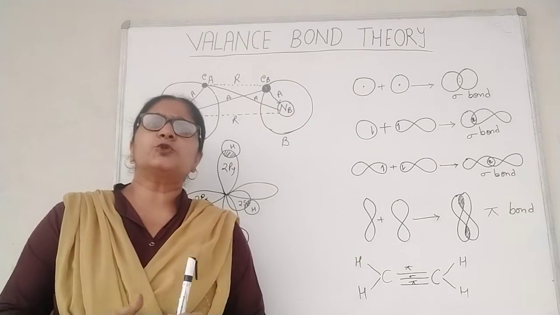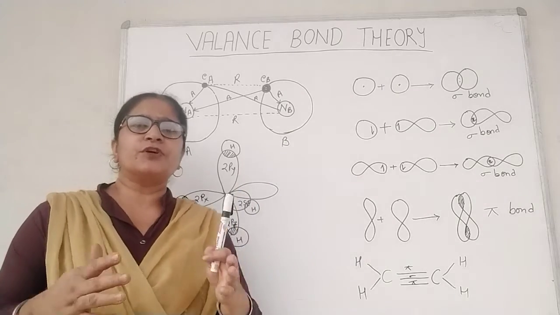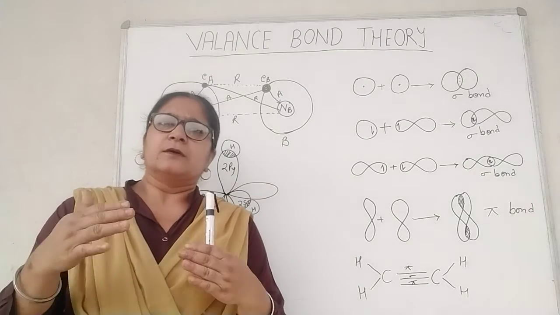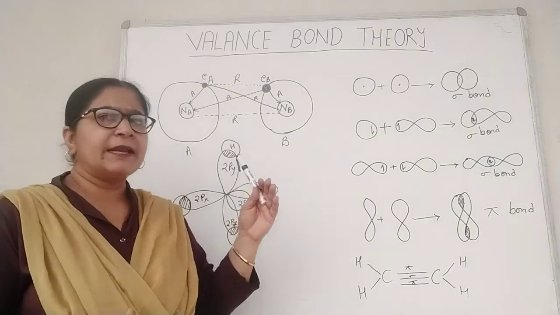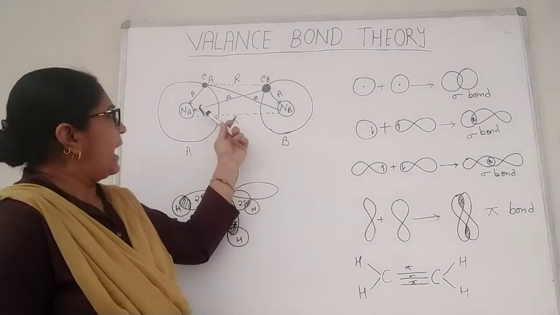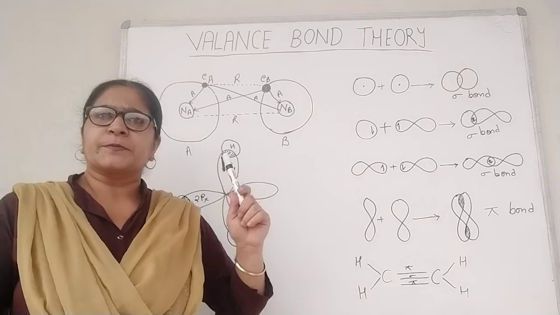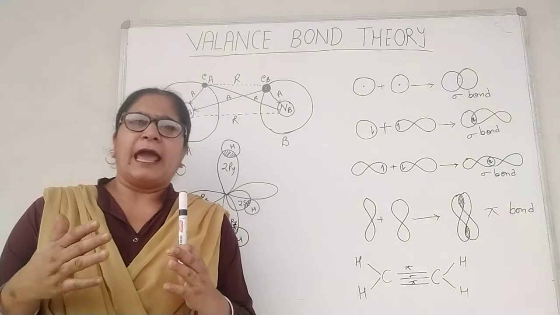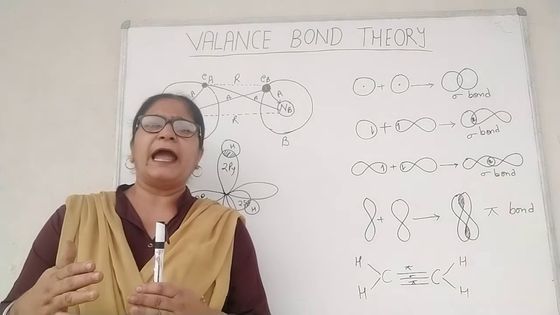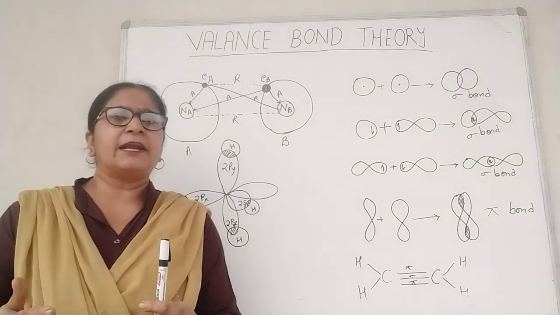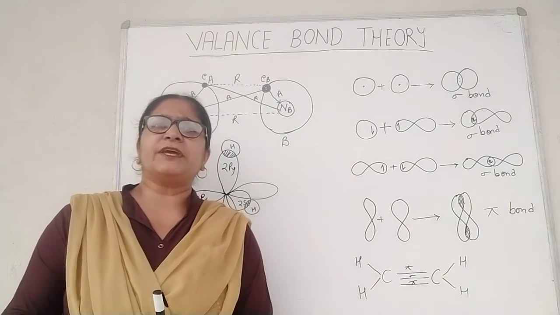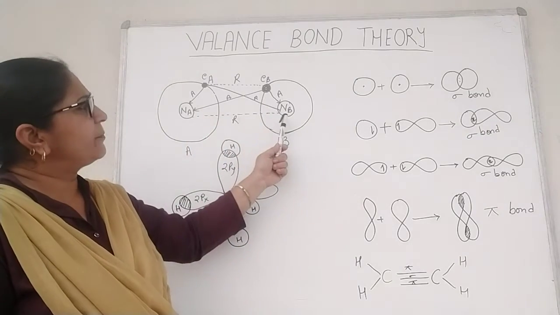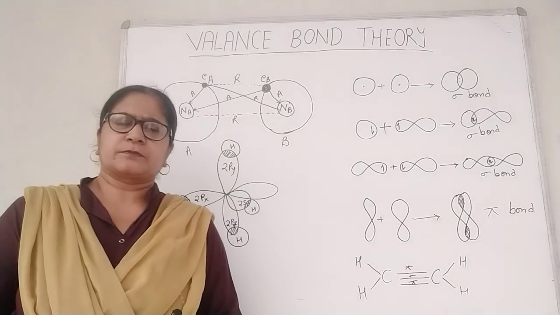Now, as these two atoms come closer, forces of attraction as well as repulsion begin to operate. Attractive forces act between the nucleus of one atom and the electron of another atom, that is between Na and Eb and between Nb and Ea.